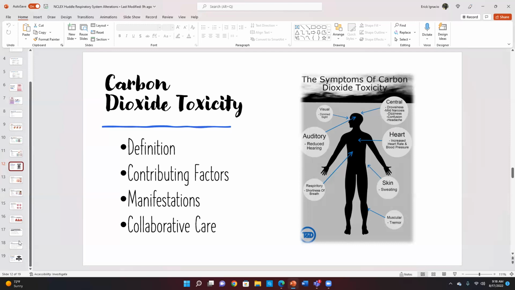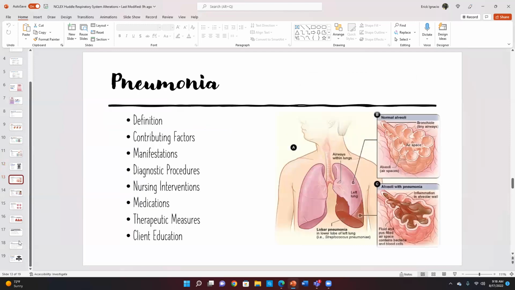So care for this patient with carbon dioxide toxicity will consist of monitoring the pulse oximetry, ABGs, avoiding excessive concentrations of oxygen, provide pulmonary hygiene, and provide ventilatory support with CPAP, BiPAP, or mechanical ventilation. Okay, so that is your carbon dioxide toxicity. Let's now go to pneumonia.